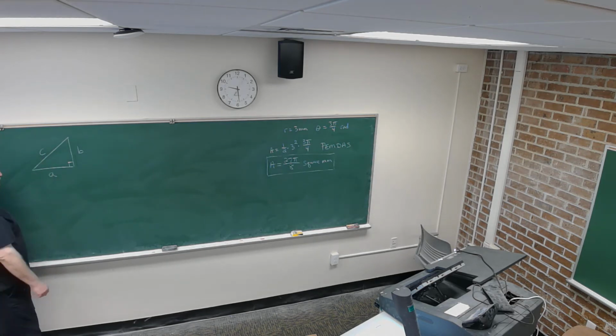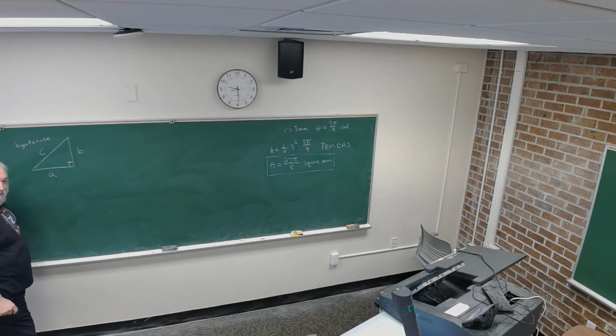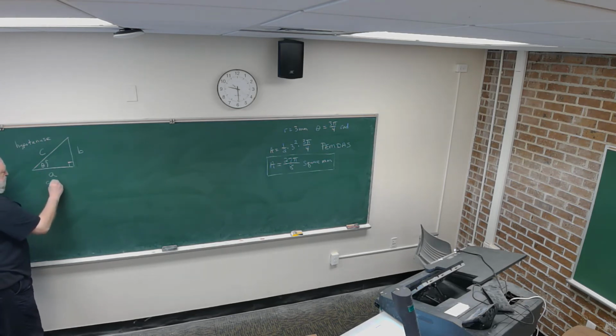This is the hypotenuse, I probably misspelled that. This is the angle theta. This is called the adjacent side because it's adjacent to the angle theta.